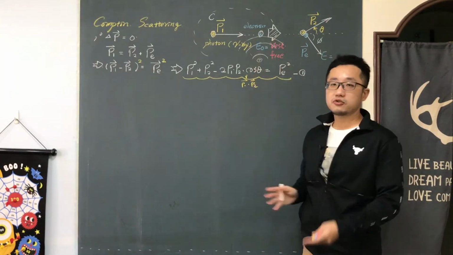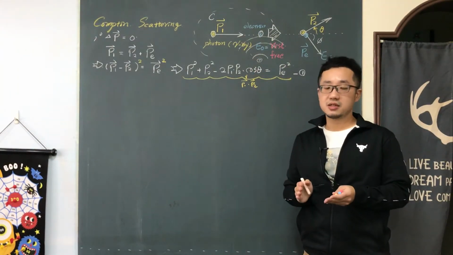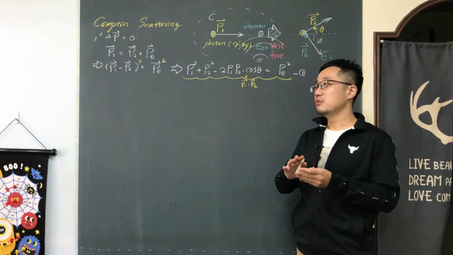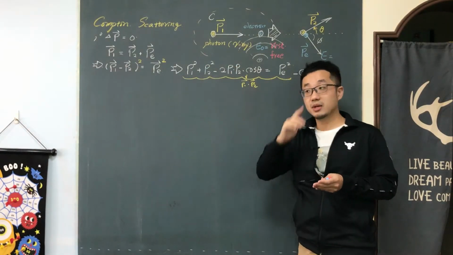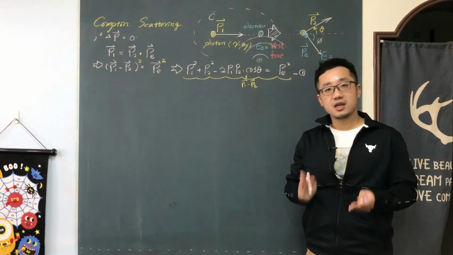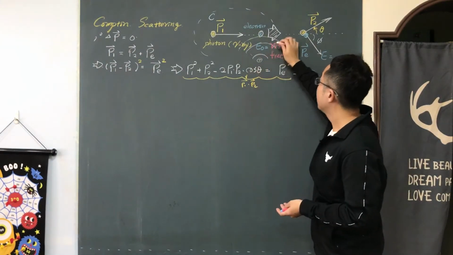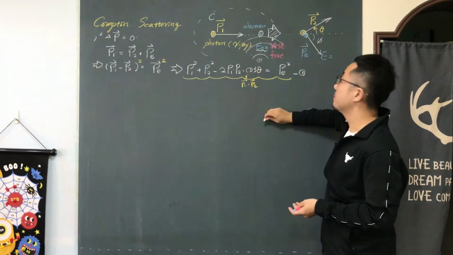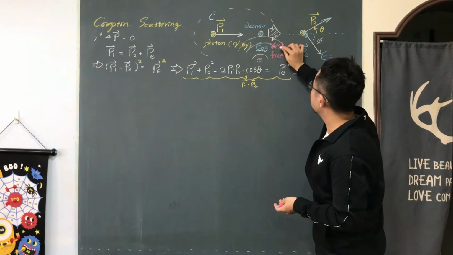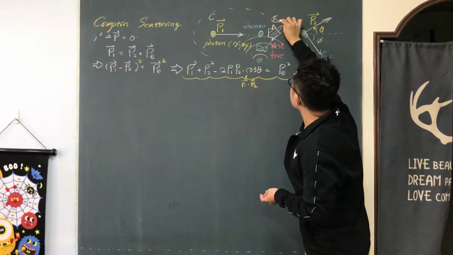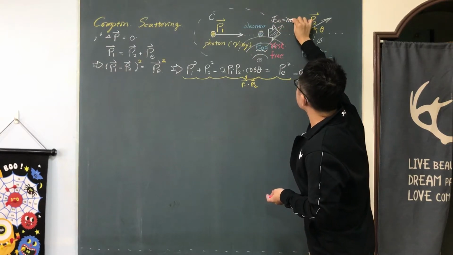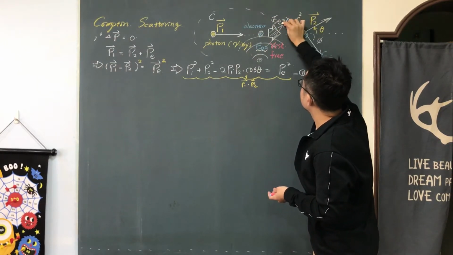Even though your electron is at rest, not moving at all compared with the speed of light, it does have energy, that is the rest mass energy. The rest mass energy is equal to the rest mass times c squared.